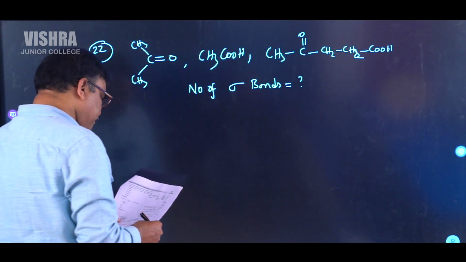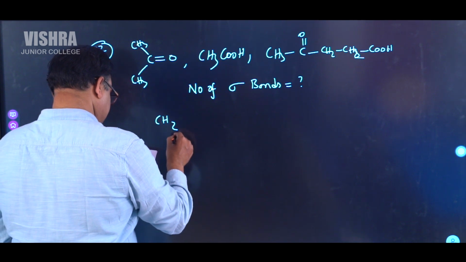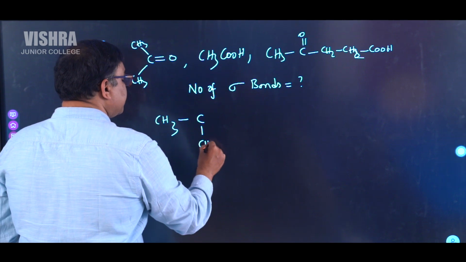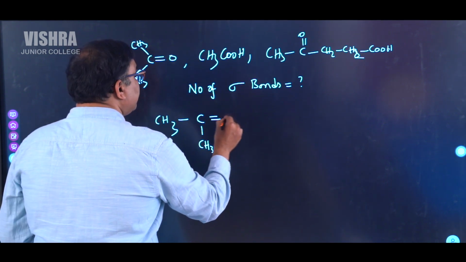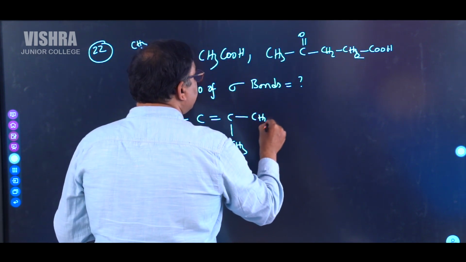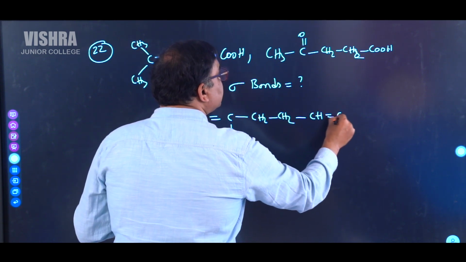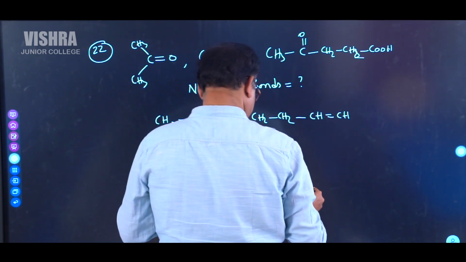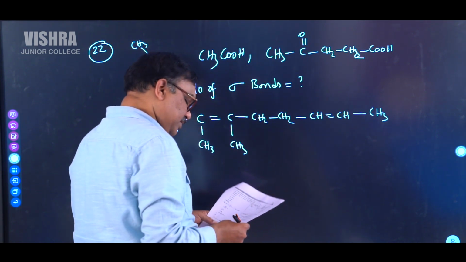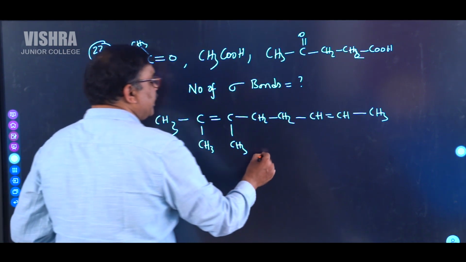Remember, X compound is like this: CH3, carbon, double bond C with CH3, single bond CH2 bonded with CH2, CH double bond CH, single bond CH3. When KMnO4 is there, then this one will break like this. This is the compound X.